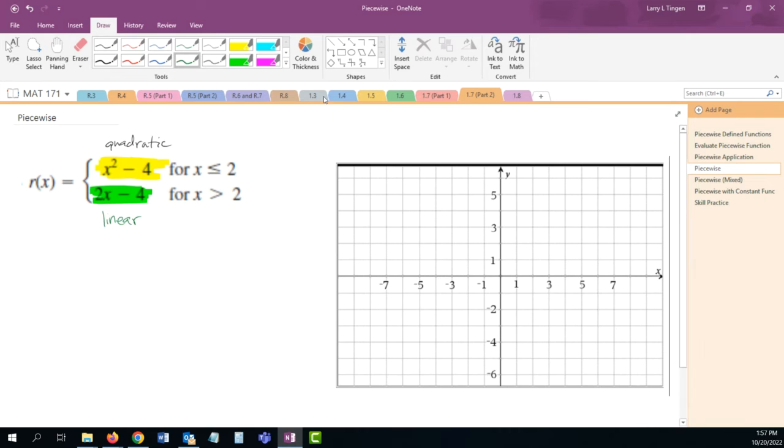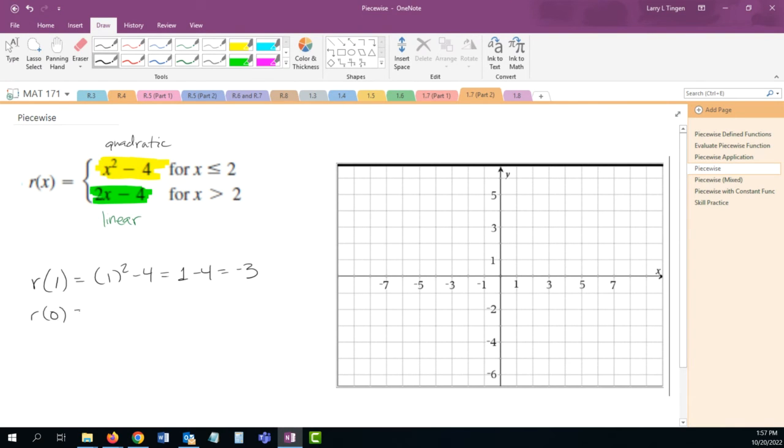All right. So the first thing I'm going to do is pick points in the intervals so that I can plot them. So x is less than or equal to 2. Let's make life super easy. Let's pick 1. 1 squared minus 4, 1 minus 4, which is negative 3.